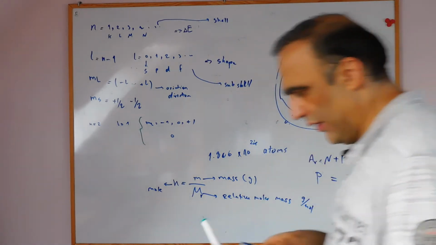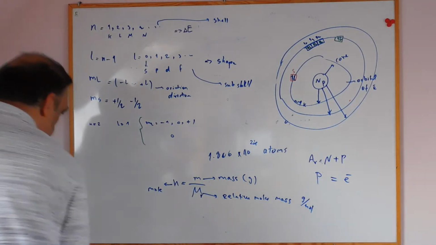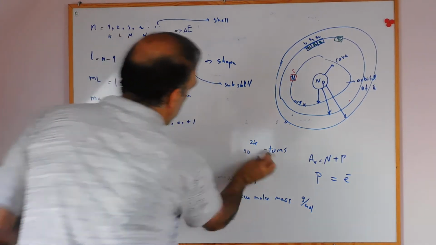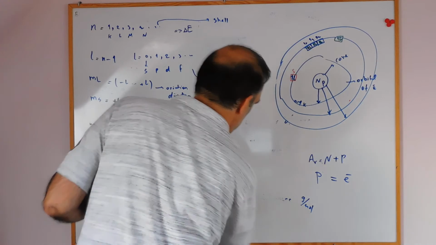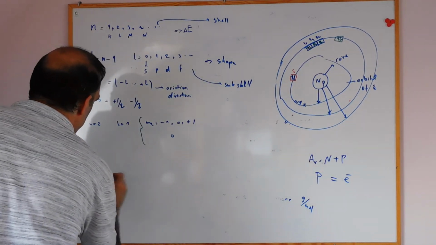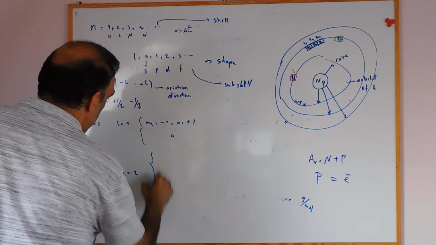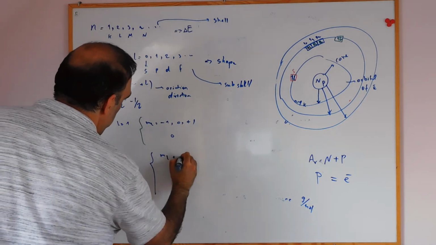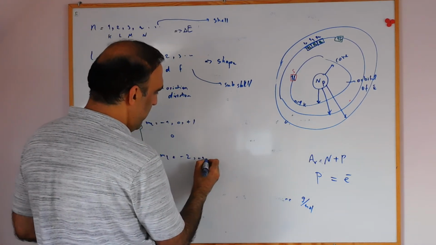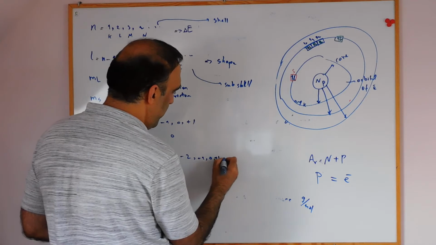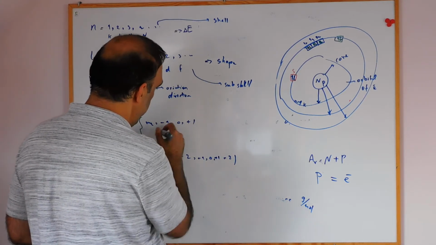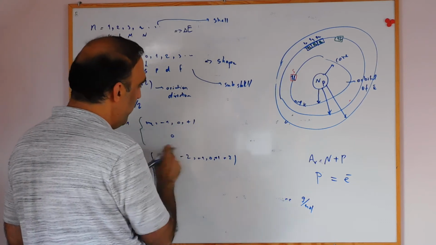And in the third layer, N is equal to 3, L is equal to 2, and ML is between minus 2, minus 1, 0, plus 1, plus 2, that is 5, and also includes the minus 1, 0, plus 1 and 0.